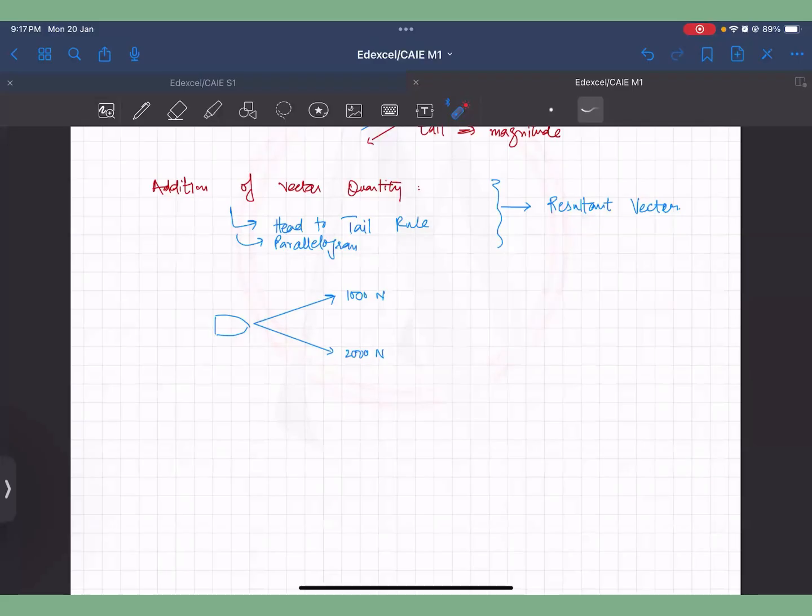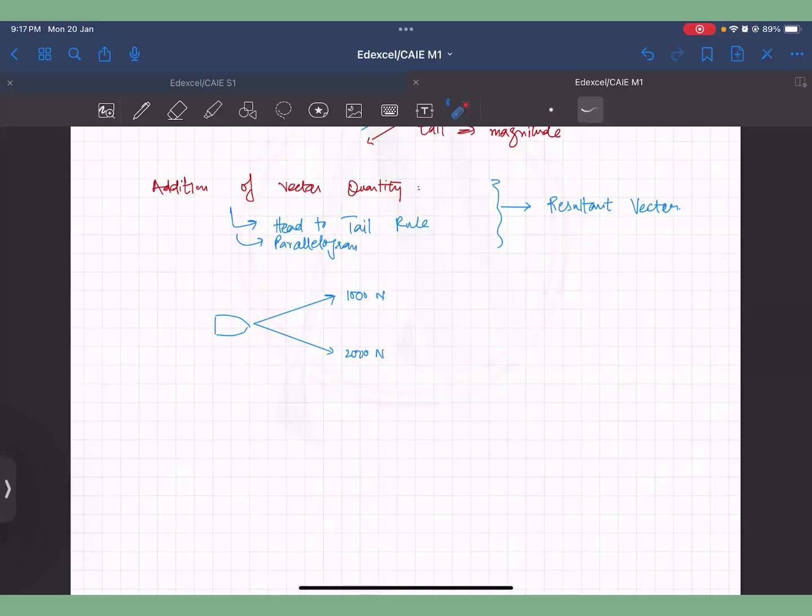It would move in the direction of the resultant force, which would be the sum of these two vectors. Isn't it? The effect that any vector would have on an object would always be the resultant vector. It would start going in the direction of the resultant vector, which you might need to find out.